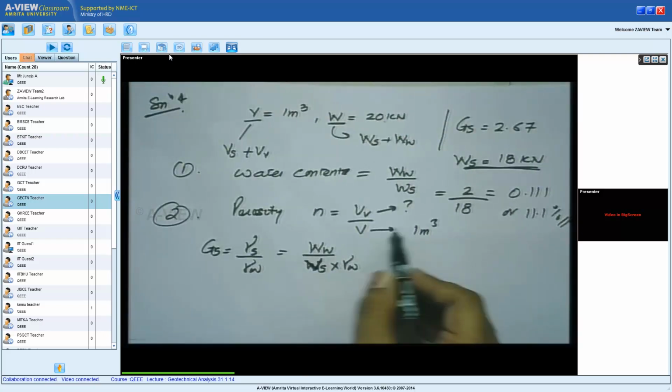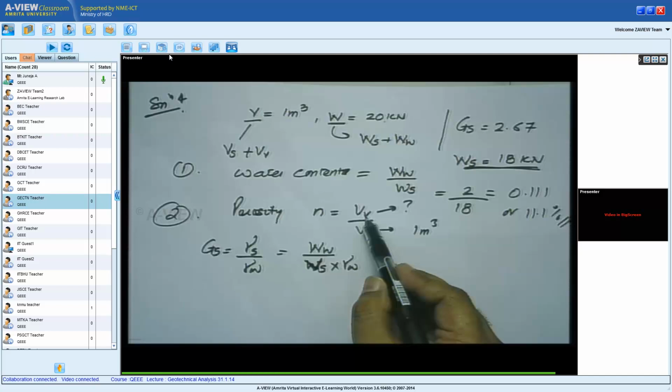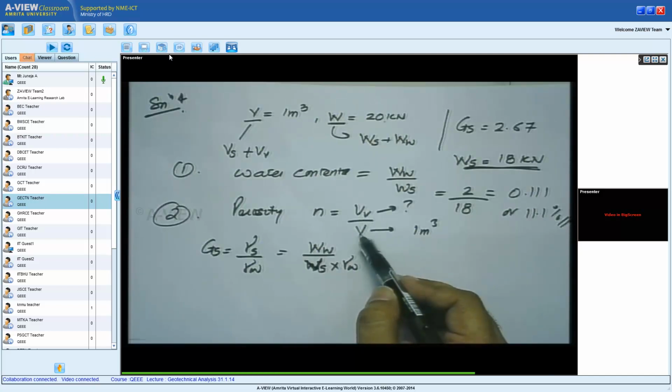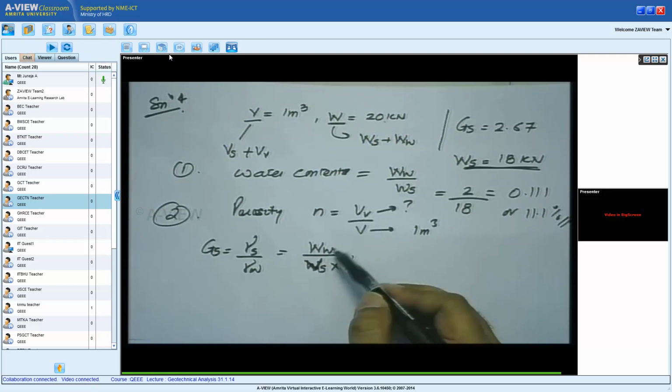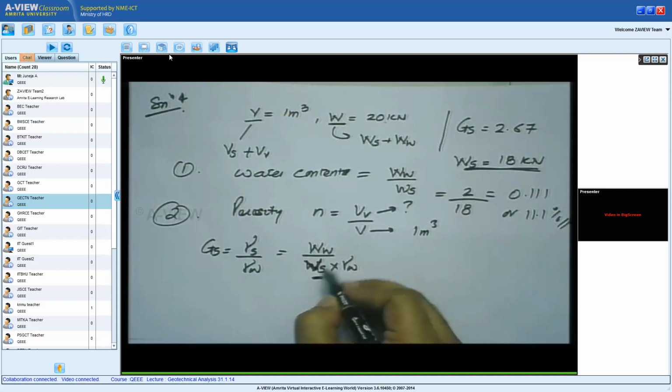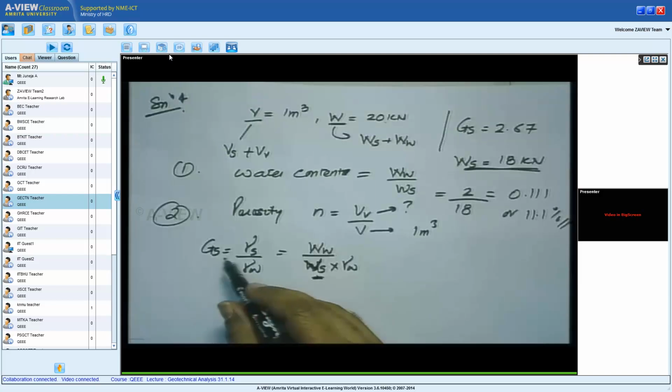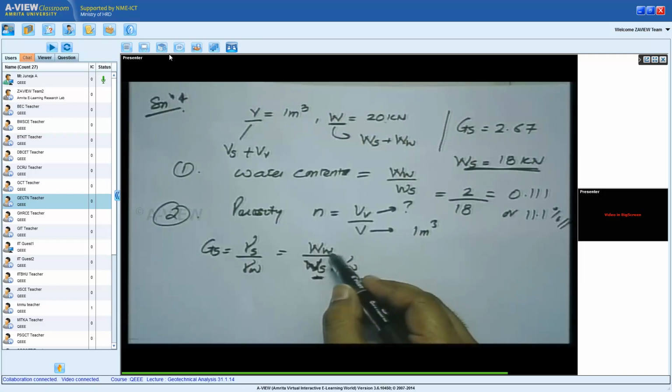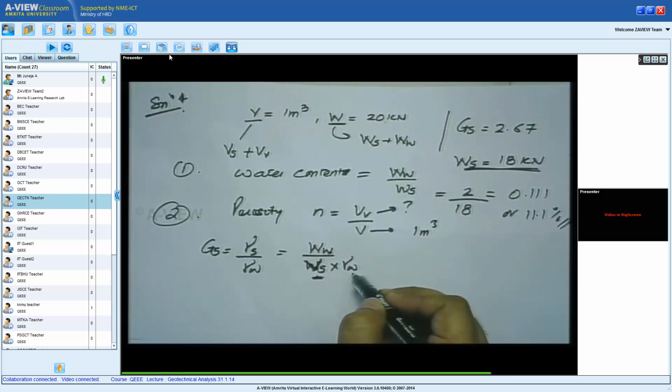Again I repeat, the objective is to obtain volume of voids. Total volume is given to us. So if I am able to evaluate what is my volume of solids, I can evaluate what is volume of voids. So the idea is to obtain volume of solids, which is here in the denominator. In this expression, GS is given to us, weight of water is given to us, the unit weight of water is 9.81.